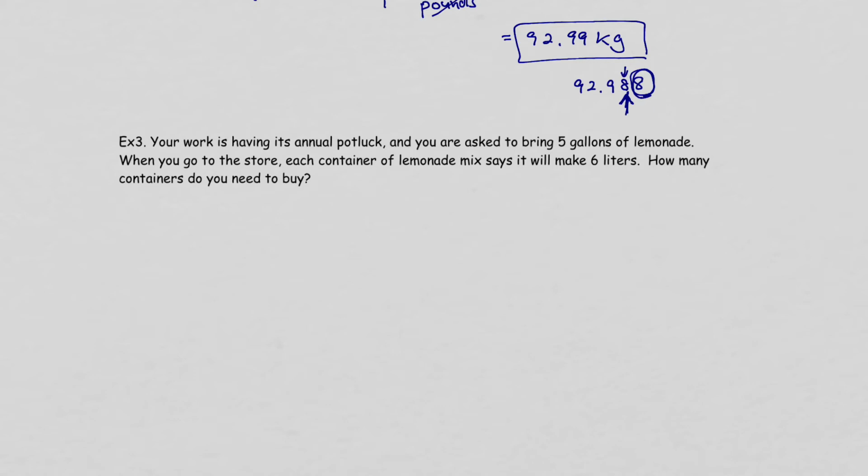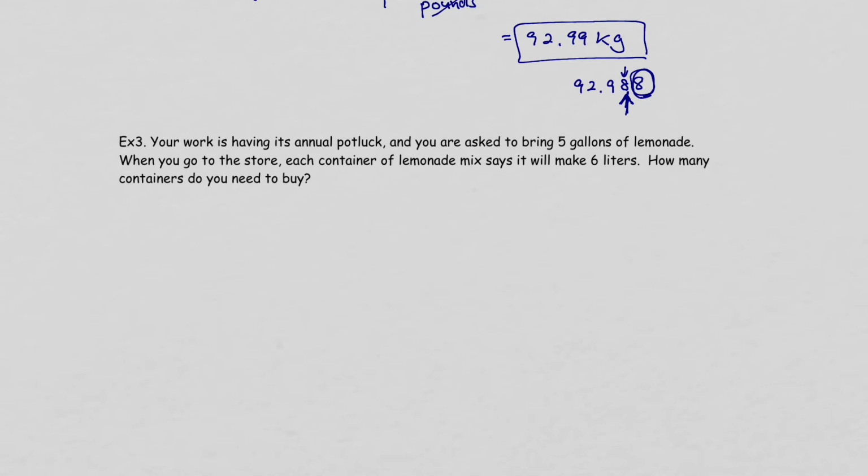So what you need to do is convert gallons into liters and then divide by 6, to figure out how many cans you need to buy.